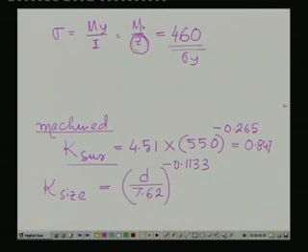Here, let us take M at the center of the bar to be on the larger side.